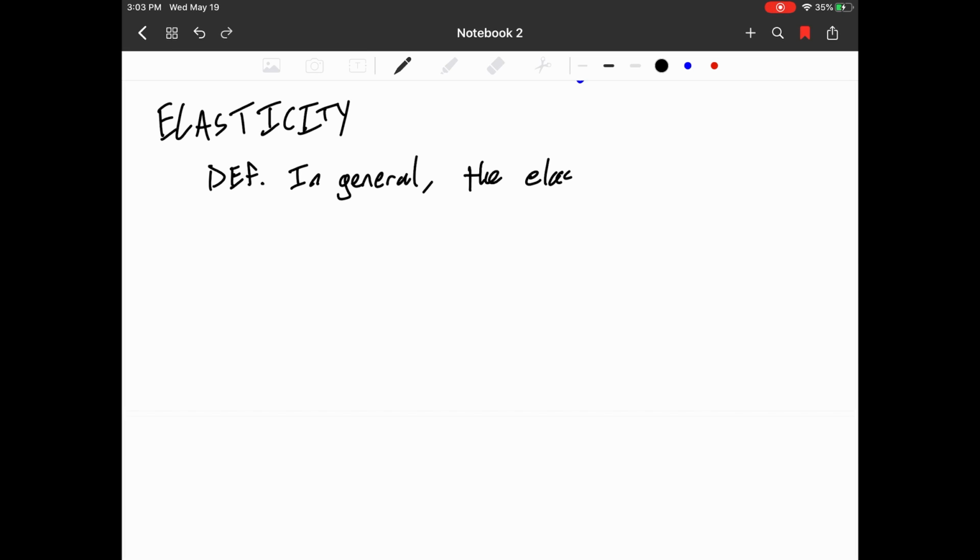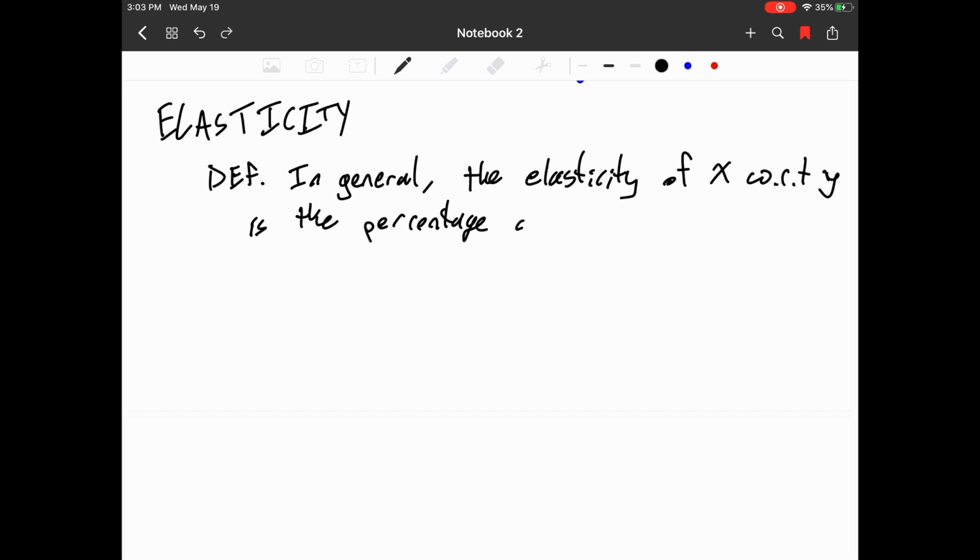The elasticity of x with respect to y is the percentage change in x for a small increase in y.